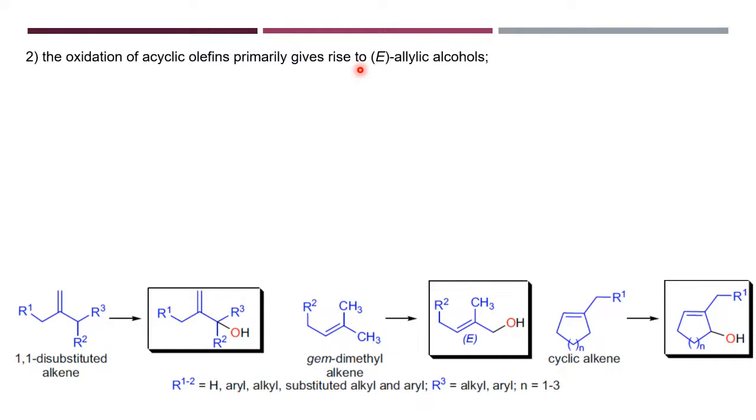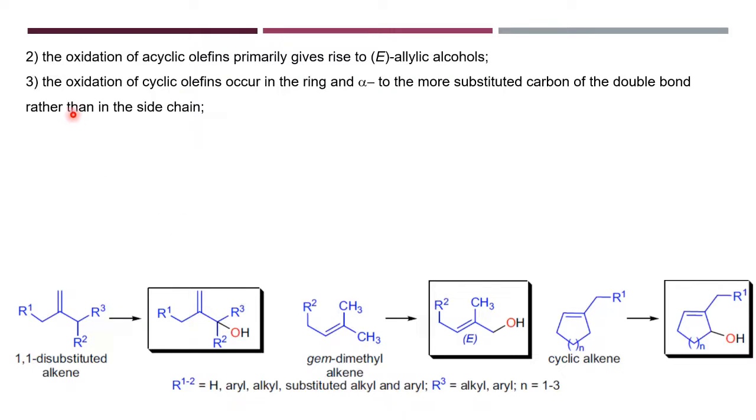Okay, so the next point, oxidation of cyclic olefins occurs in the ring and alpha to the more substituted double bond rather than the side chain. So over here we are seeing a cyclic alkene. Here n can be 1, 2, 3. That means it can be a 5-membered, 6-membered, or a 7-membered ring.